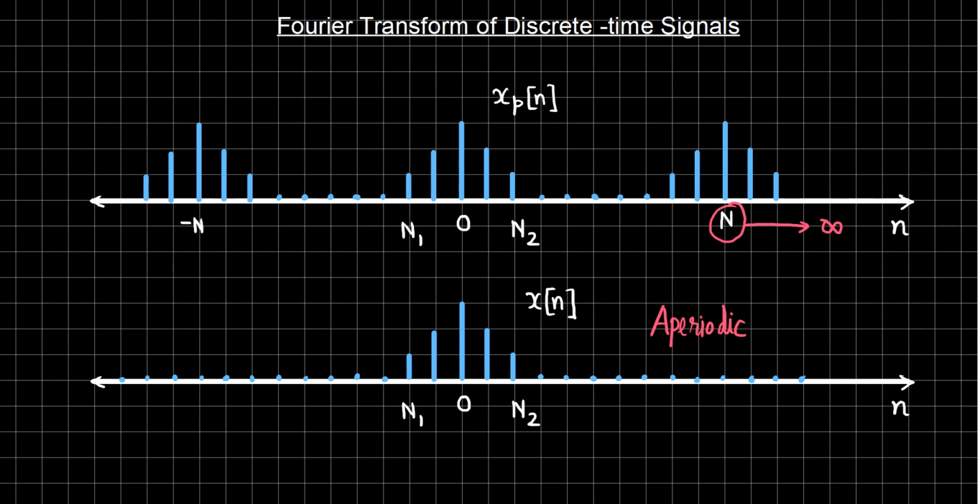Now this xp of n, that is the periodic version of x of n, being a discrete time periodic signal, is going to have a Fourier series representation. That means this xp of n can be represented with the help of the discrete time Fourier series as follows.